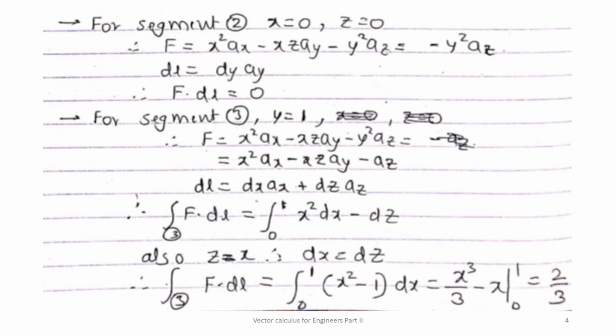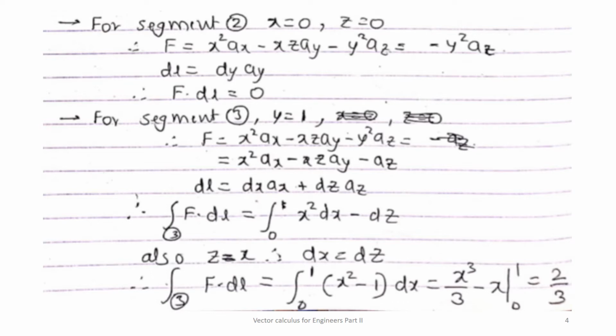So this is along the segment 1. Similarly here we solve for segment 2, where x is equal to 0, z is equal to 0. You can check the diagram. Function is written, so you will get only minus y square az. dl is equal to dy ay, and f dot dl you will get 0. For segment 3 again y is equal to 1.